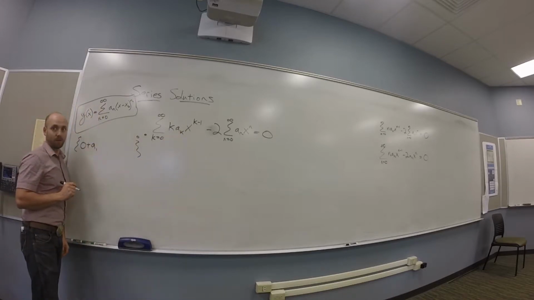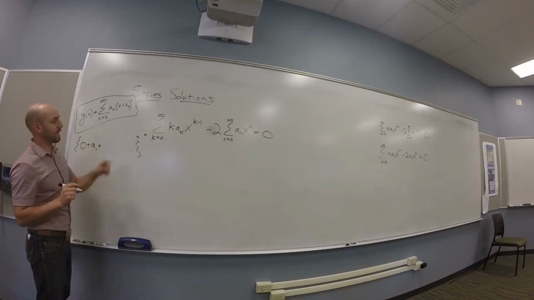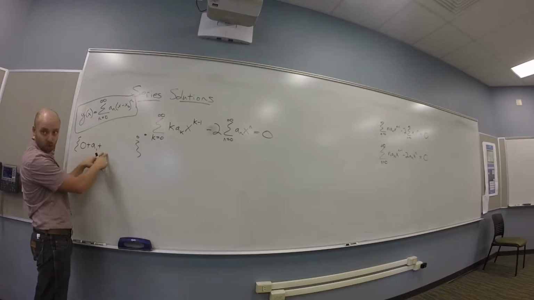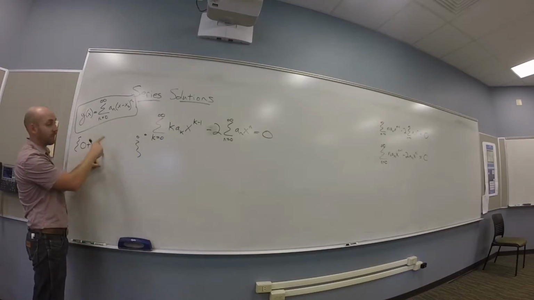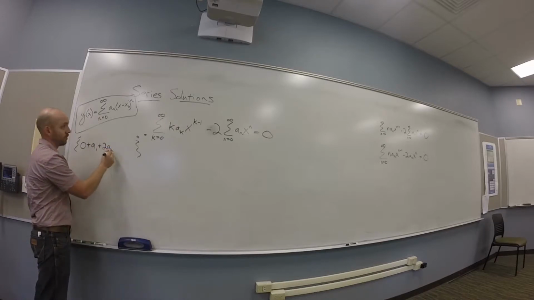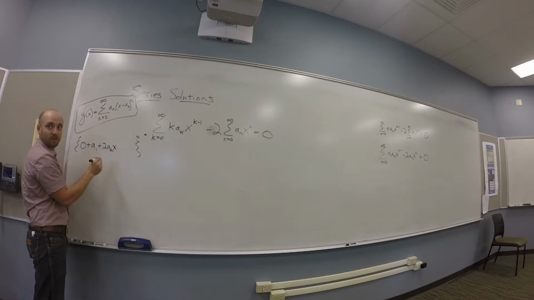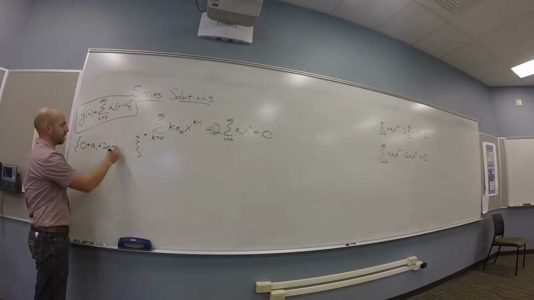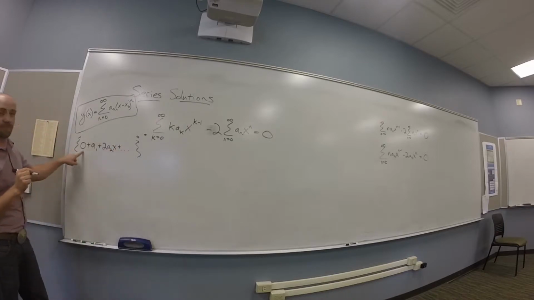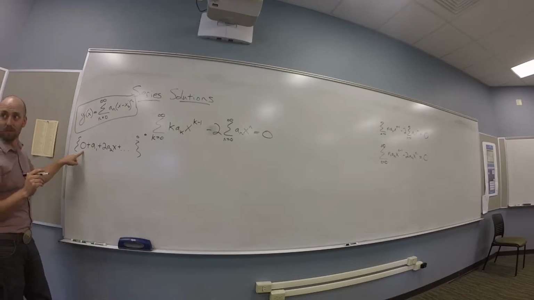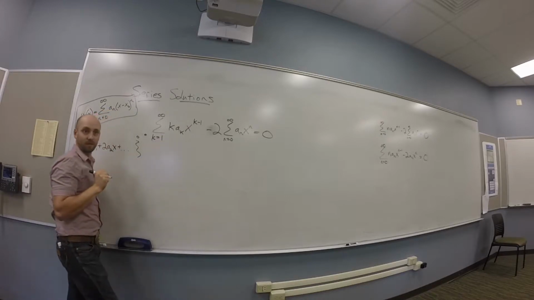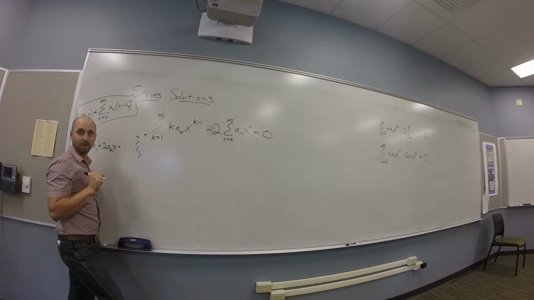You with me? And then at k is 2, I have 2 a2 x. You guys with me on that? And then so forth, right? Do I need this first term? No? So instead I could really start this sum at k equals 1. Guys with me on that?